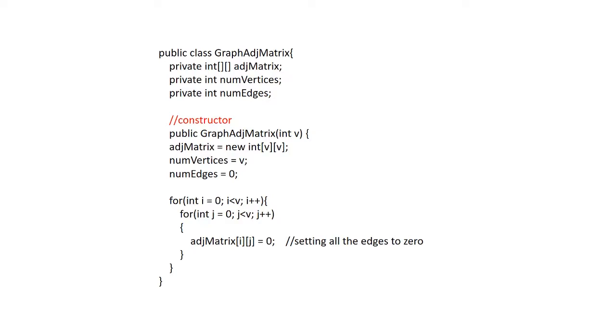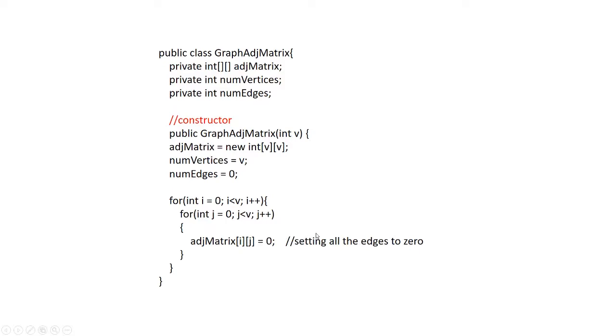So we create here a new integer 2D array with the size of v. Then we set the vertices to v and edges starting from 0, since there are no relationships between them. We then proceed to set each of the entries in the table to 0 using our double loop.